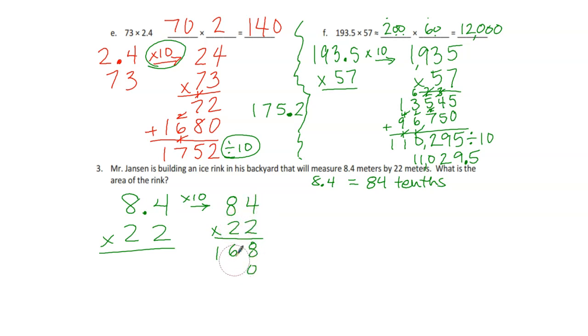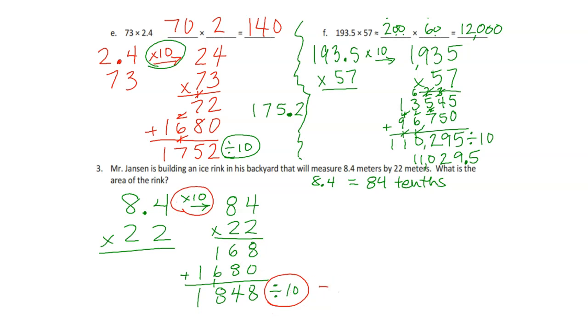Now remember this is 2 tens, so it's going to be 8 tens. And then 2 tens times 8 tens is 16 hundreds. And we want to add up our partial products. We know that this has to be divided by 10 because we multiplied by 10 initially.